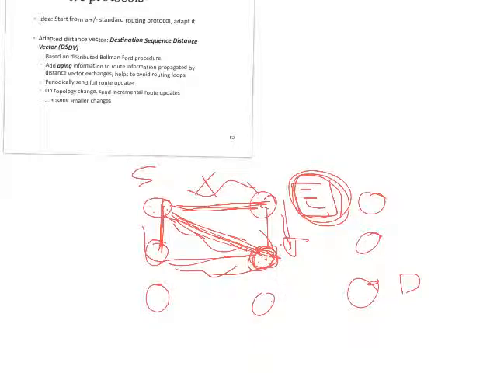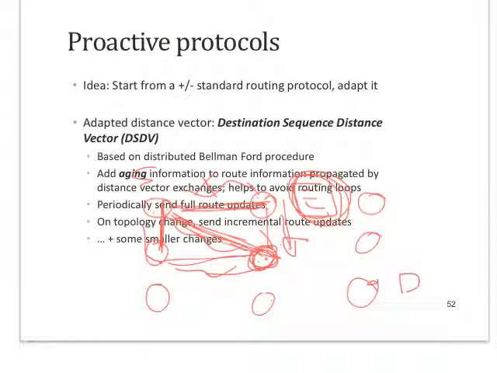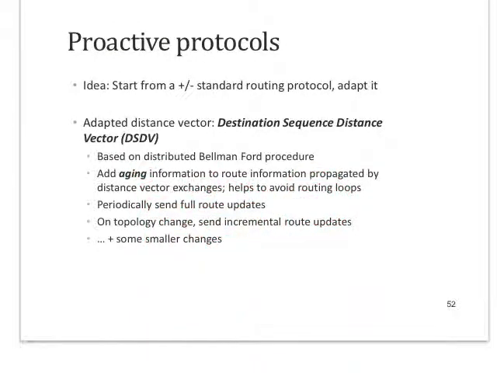Is there a way to enhance it a little bit? Yes. So ideally, the Bellman-Ford algorithm here is distributed. Bellman-Ford is good in the sense that it's based on vectors of distances that nodes send to each other, then following nodes will ask themselves, do I have a better route?